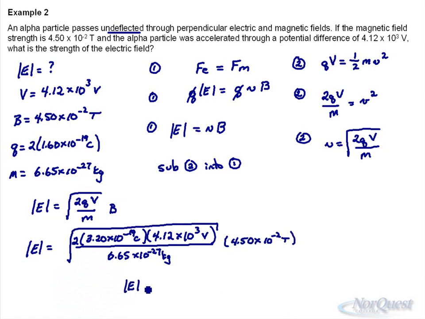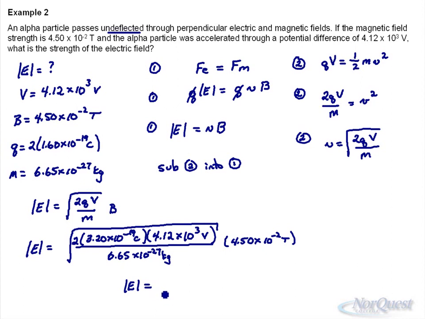Should be able to punch this in 2 parts. I would probably just work out what's in the square root first. So 2 times 3.2 to the exponent negative 19 times 4.12 to the exponent 3 divided by 6.65 to the exponent negative 27. Take the square root of that answer. Then multiply by 4.5 to the exponent negative 2. And you end up with an electric field strength here.